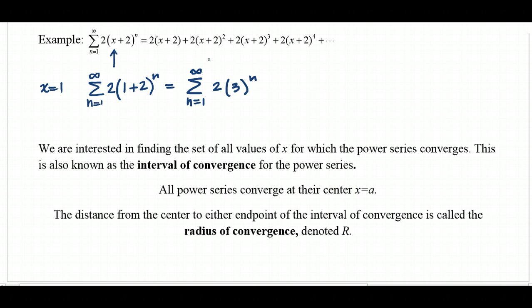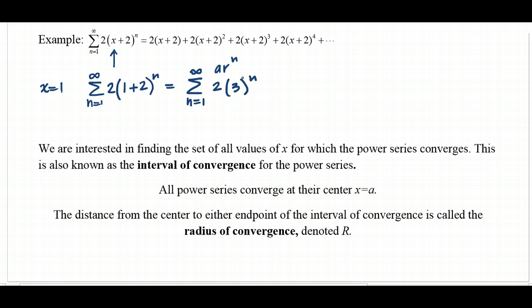So what I want to know is whether or not this series converges. Because if it does, then x equals 1 is in the interval of convergence. So it's a part of the set of all x values that's going to allow the original series to converge. Hopefully you recognize this to be a geometric series. This looks like a r to the n.